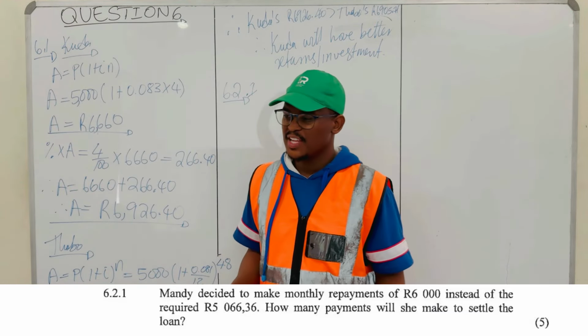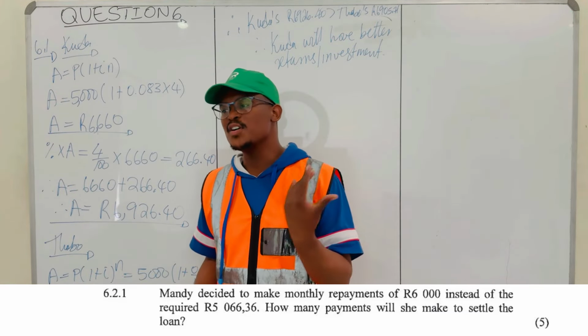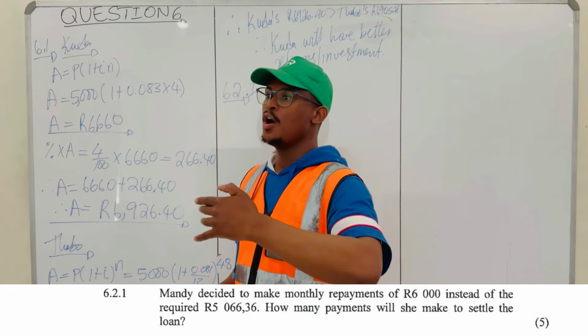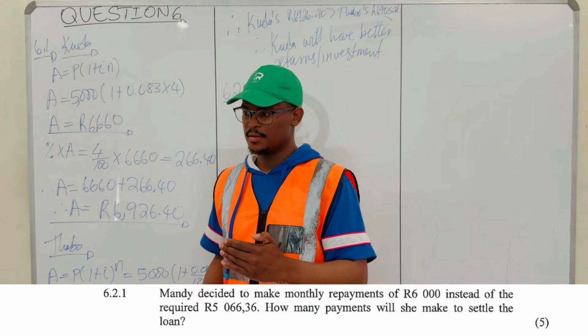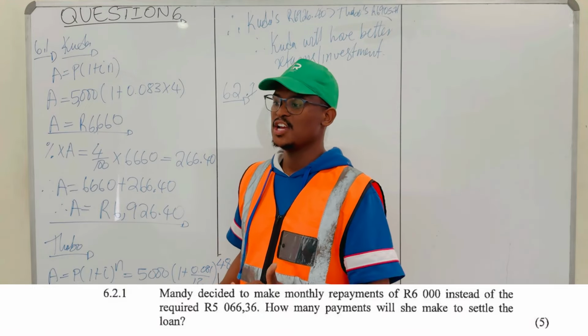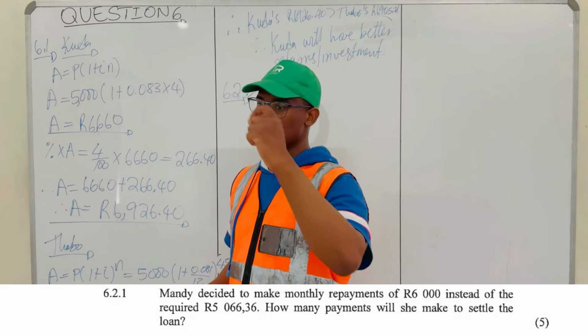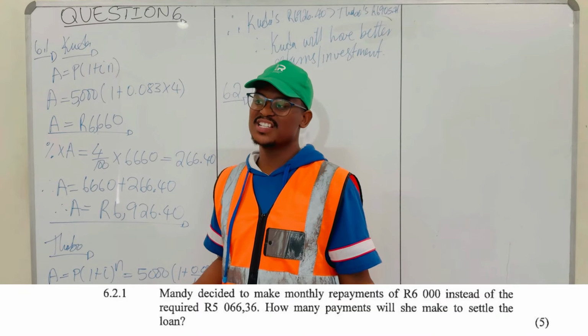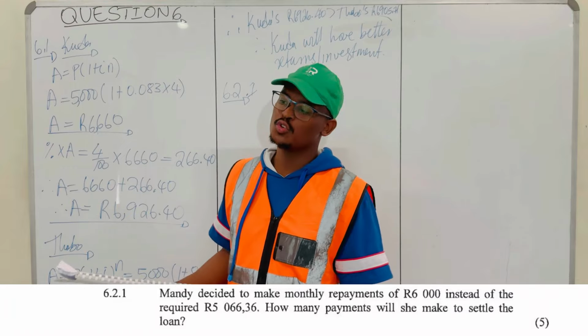Now that she's paying 6,000, she's paying more than expected. Do you expect her to take the same time, a longer time, or a shorter time for the duration of the loan? Faster. Yes, she'll finish the loan faster because she's paying more than she should be.